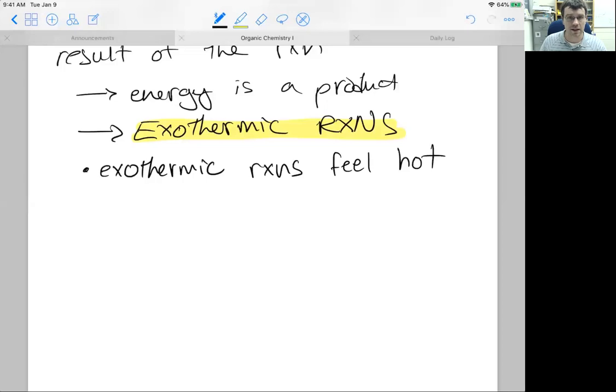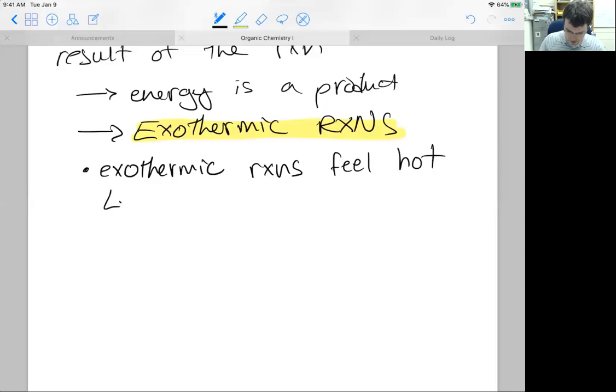And we feel that kinetic energy as it bombards our skin, and the average kinetic energy of the surface of our skin starts to increase. And we feel that through nerve receptors, which then hammer into our brain and say, ouch, something is hot. The average kinetic energy of the system that you're touching is increasing. And that's because the potential energy from the molecules is being released and transferred into kinetic energy. So exothermic reactions feel hot.